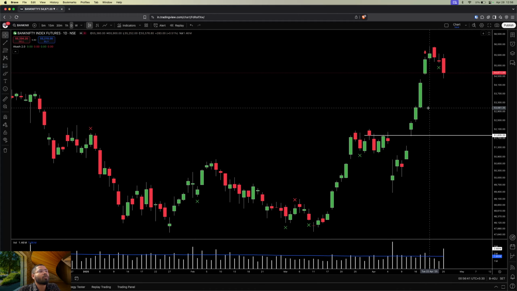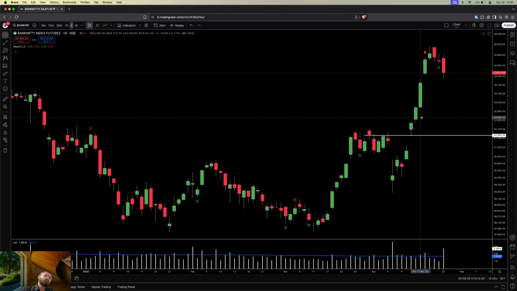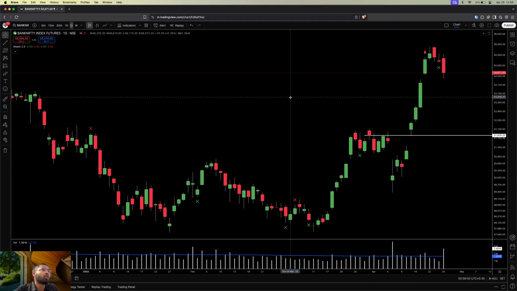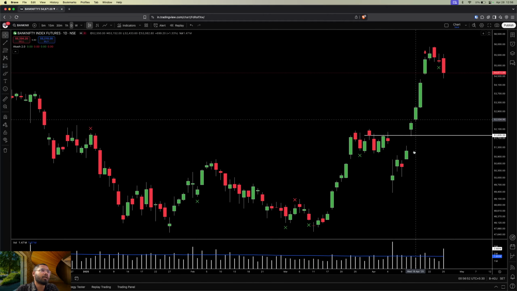So we might see more weakness in Bank Nifty, I guess, if we go short, because more longs will be trapped here if we get a downside move.